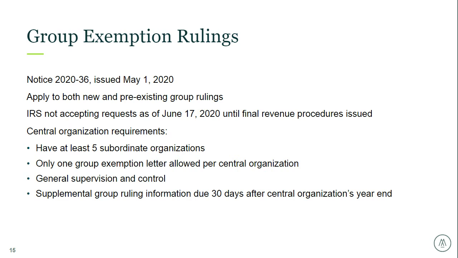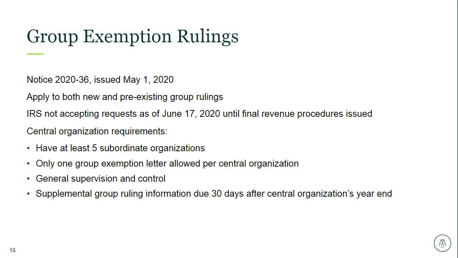A lot of requirements have remained the same, but it does include new requirements for central organizations to obtain group exemption and now must have at least 5 subordinates. And for the subordinates, it includes 4 new requirements, 2 of which are new matching requirements. So the first matching requirement is that the IRS now wants all subordinates to be described in the same 501(c) subsection.